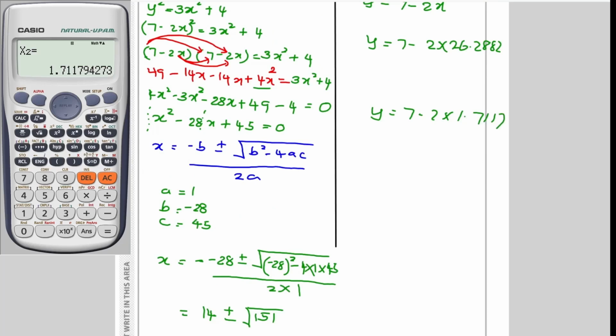Right, let's get the answers now. 7 minus 2 into 26.2828 is minus 45.565.